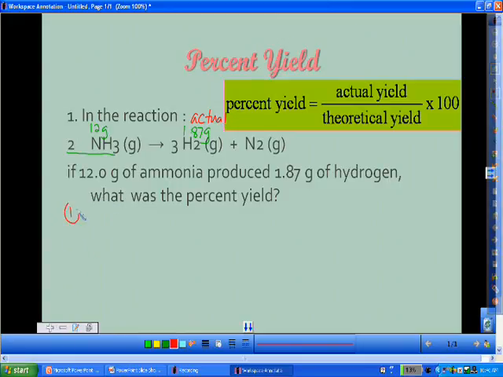I'm going to write that down here as this first step. Calculate the theoretical yield for H2.